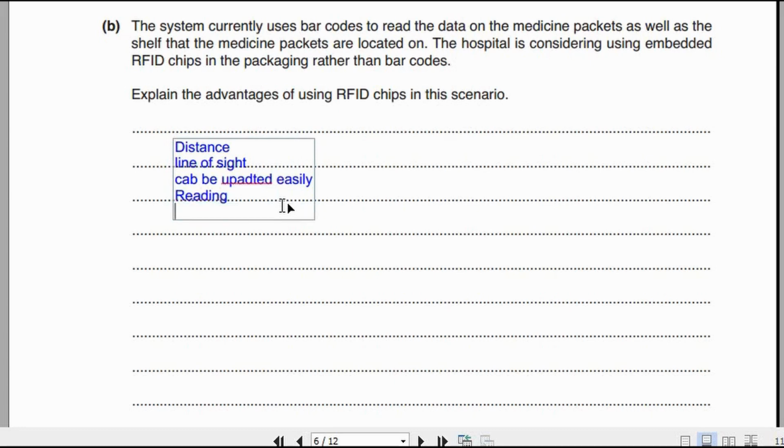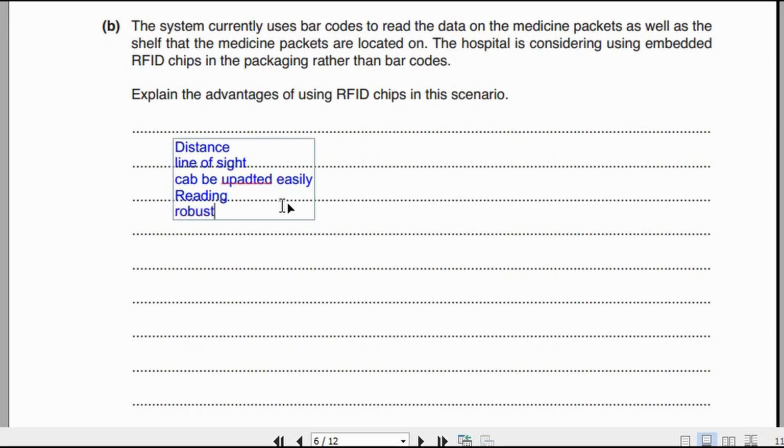Although a barcode reader is also fast, because of the line of sight, if you need to scan 3, 4, 5 items together, barcode cannot do that. In a trolley, even if you put all the radio frequency identification chips, the receiver has the capability to read all at once.